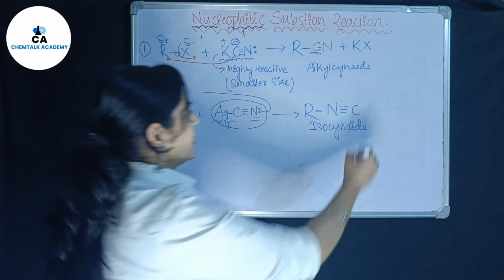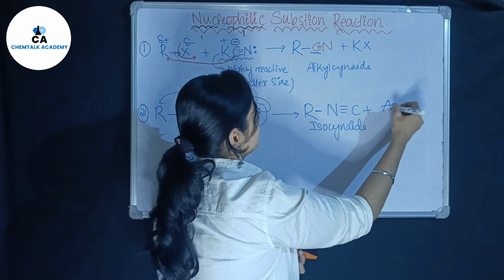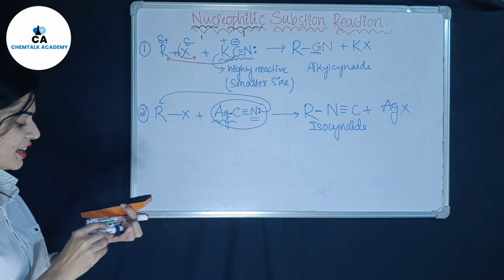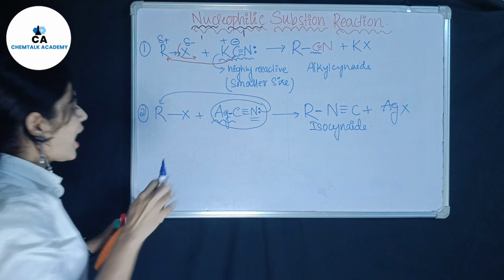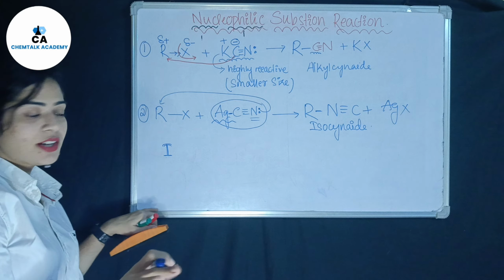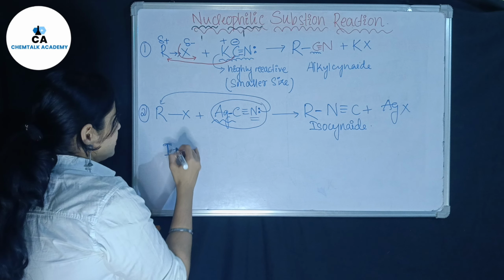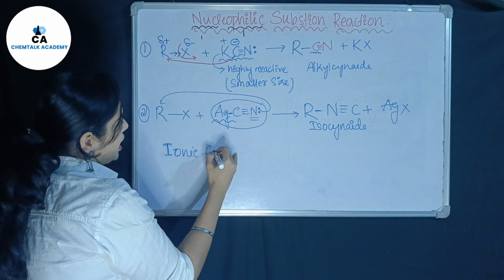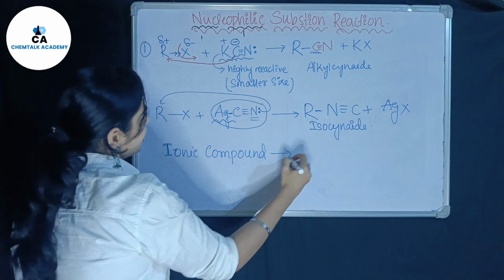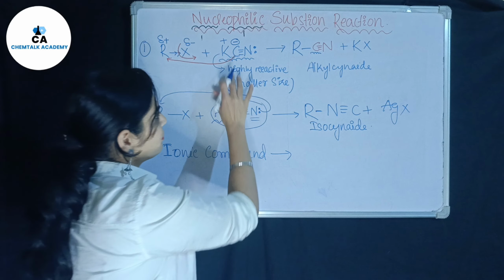Okay, isocyanide. And the next one is AgX. So here what is the hint? If it is an ionic compound, then the attack takes place from the carbon side.